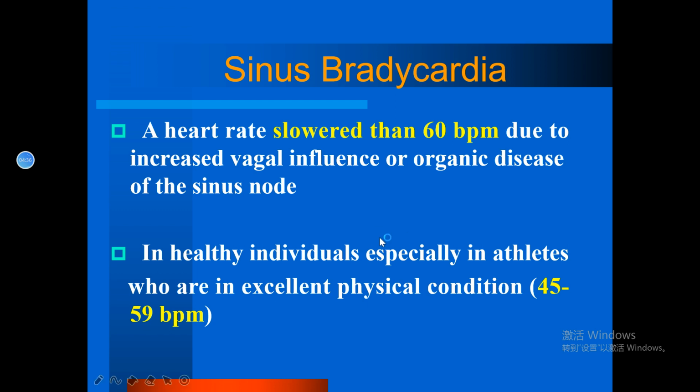And in healthy individuals, especially in athletes who are in excellent physical condition, their heart rate usually ranges from 45 to 59 beats per minute. That means the patient has a sinus bradycardia, but I cannot say this patient has a disease, because for these individuals, their heart rate is usually slower than normal people.